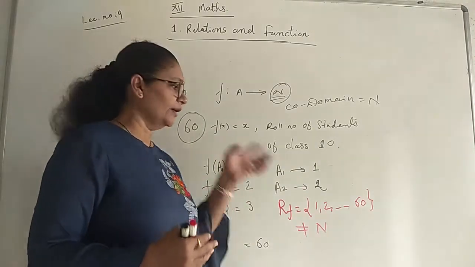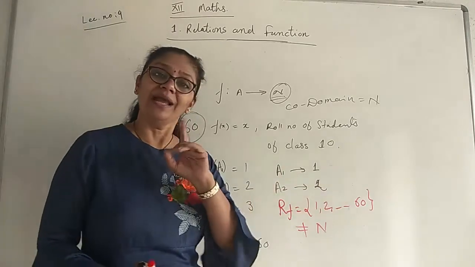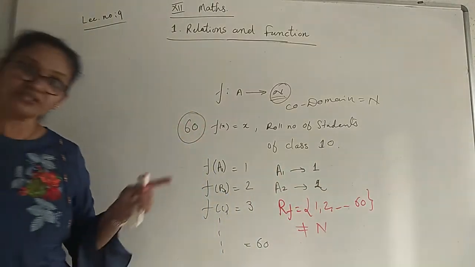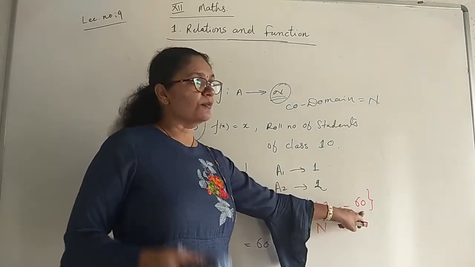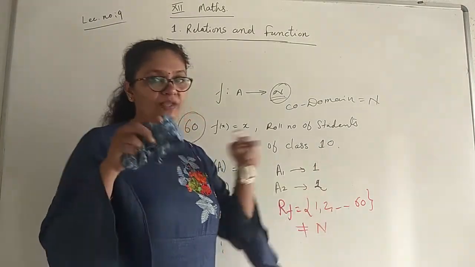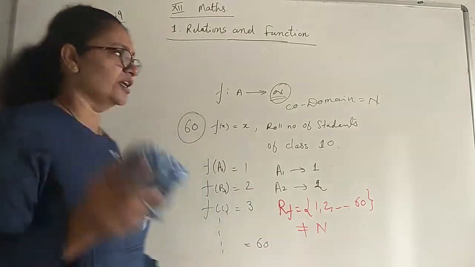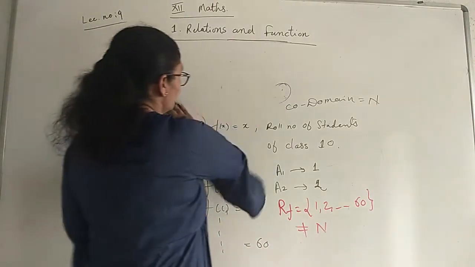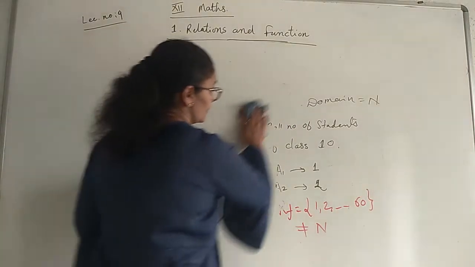We cannot count up to N, and we cannot consider students in a class up to N. So this function is one-one but not onto, because the range of the function is, for 60 students, 1 to 60. If 100 students, then 1 to 100. But it is not equal to the natural numbers. So the first one is one-one but not onto.